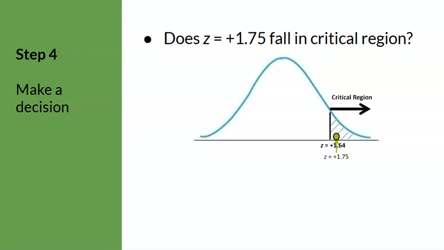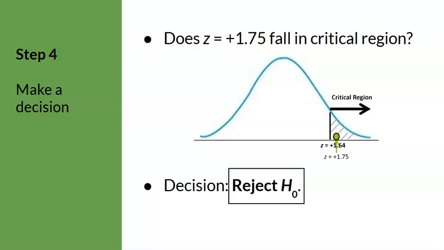Using the graph, we can see that the plus 1.75 falls in the tail just past a Z of 1.64, meaning the answer is yes, it does fall in the critical region. Then the decision is to reject the null hypothesis. The box indicates the final answer that I will be looking for on problem sets and exams.